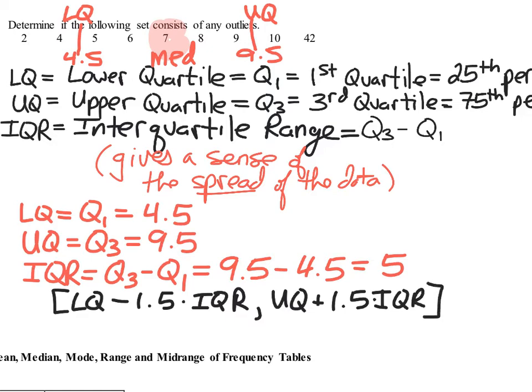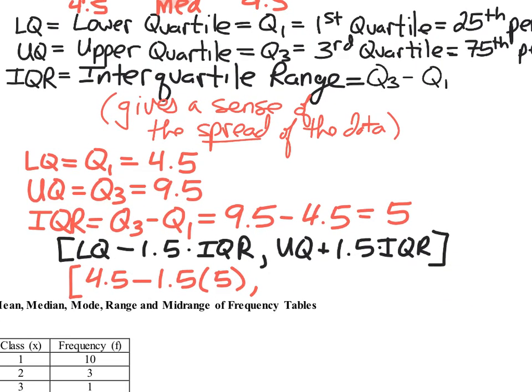So 4.5 minus 1.5 times 5, comma, so it's two separate calculations, one giving us the low bound and one giving us the upper bound of what we're going to call the non-outlier interval. All right, so I'm looking at the UQ, which is 9.5 plus 1.5 times 5.